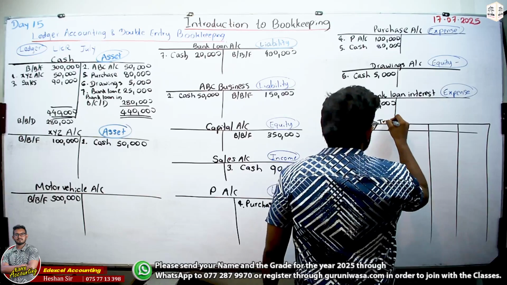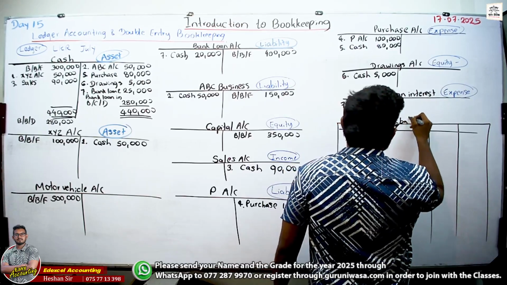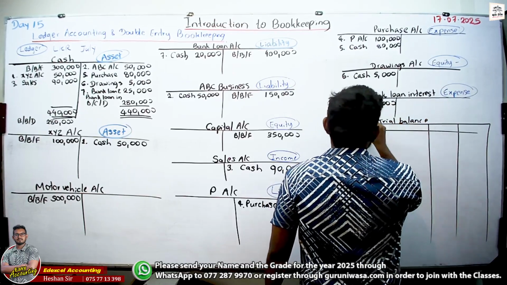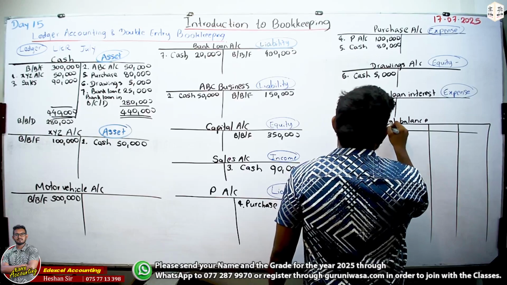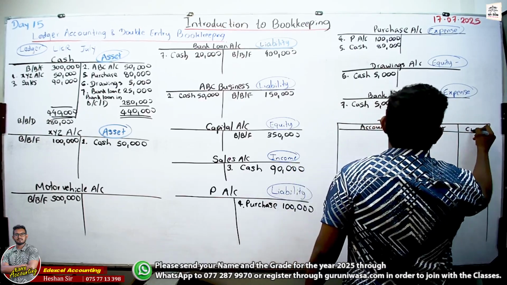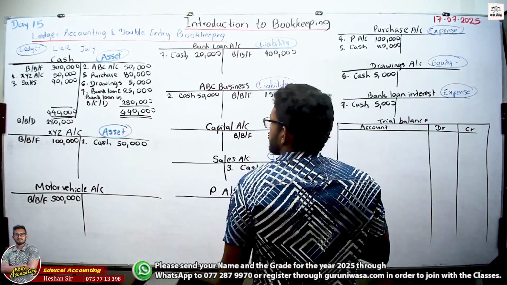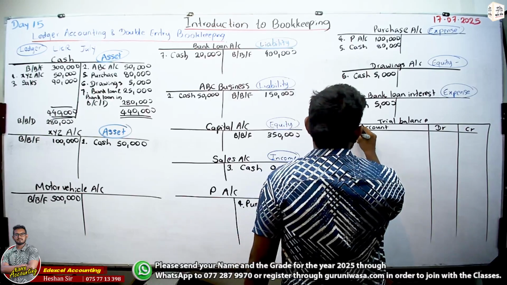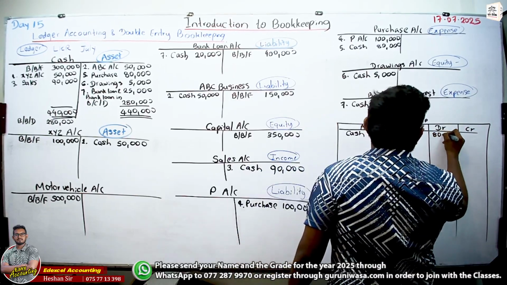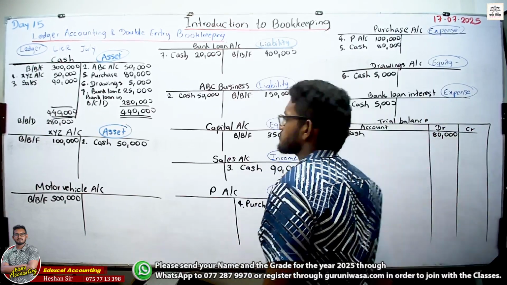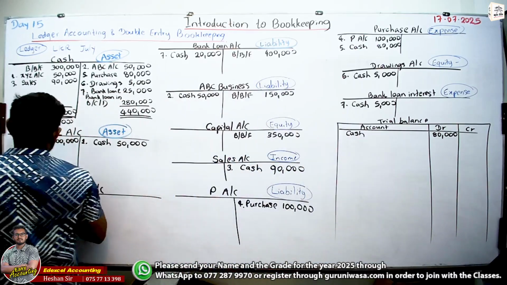Trial balance: account, debit or credit. Cash, 80,000, right?